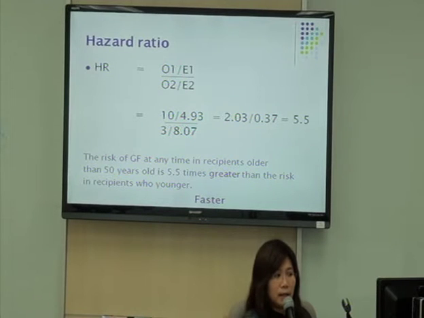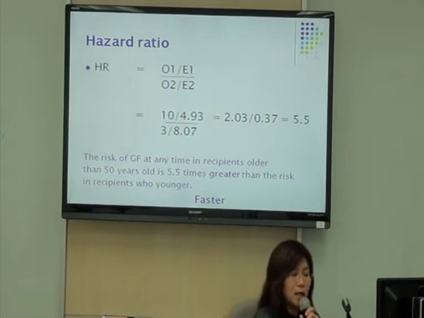What does it mean? It means that the risk of graft failure at any time in patients older than 50 is 5.5 times greater than the risk in patients with non-exposure. Graft failure is the outcome, and being older than 50 is the risk factor.